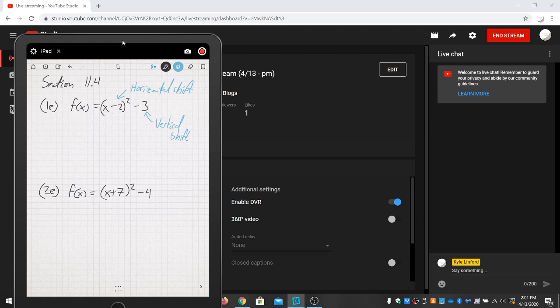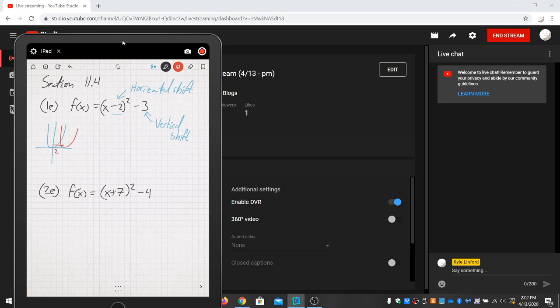So by just looking at this function, I know that I've taken the standard parabola, the parent function, and I've moved it over 2 units to the right. Okay, so let me change colors here. I've moved it 2 units over to the right, so maybe right here.